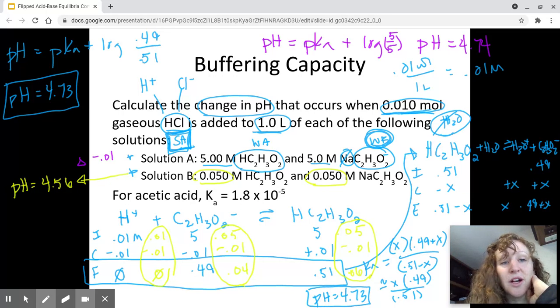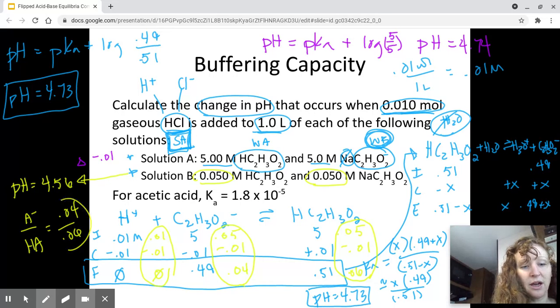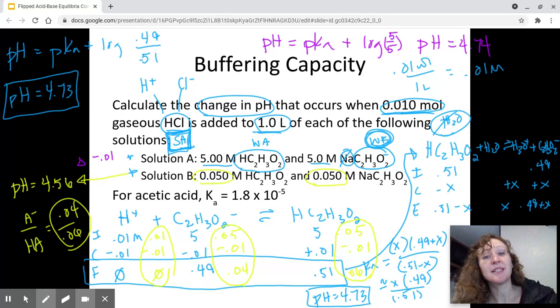It's no longer 0.49 over 0.51. That ratio of A minus over HA is now 0.04 over 0.06. So because of our lowered buffer capacity, our additional base had a greater impact on that ratio and therefore a greater impact on pH.